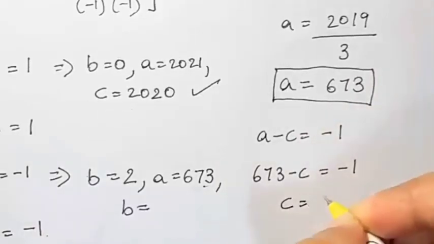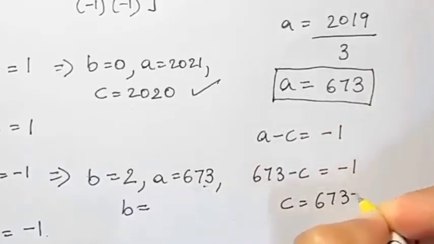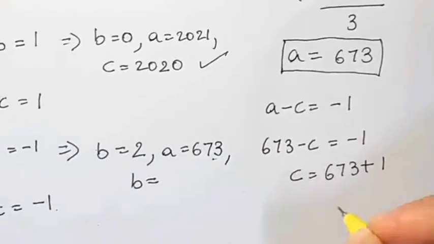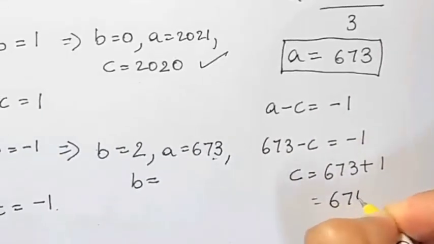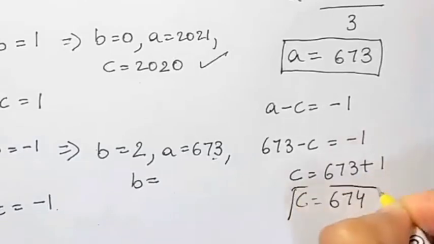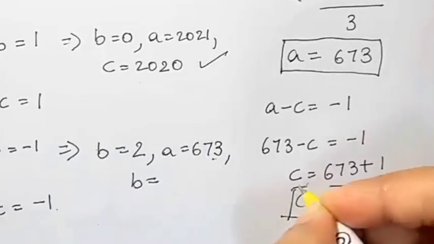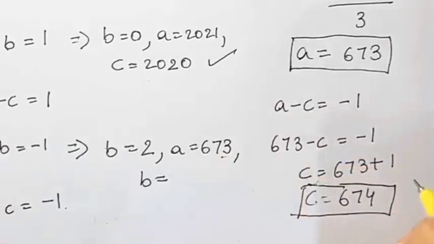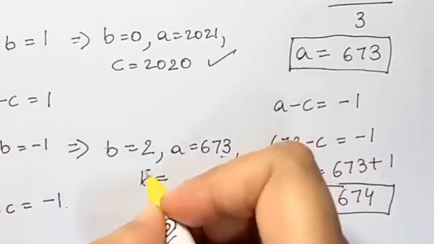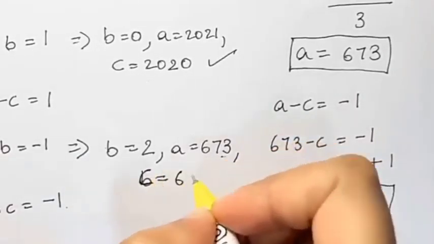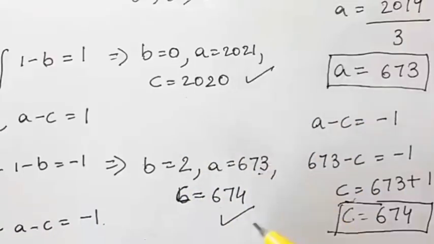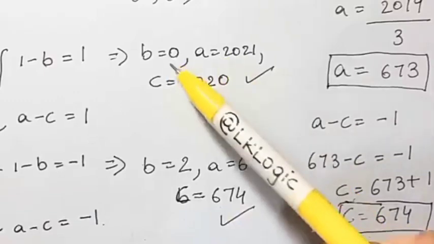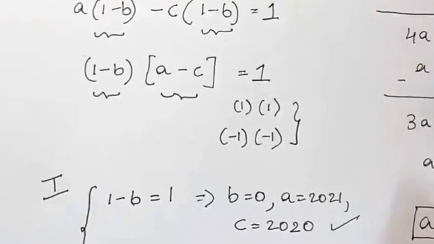So C is equal to 673 plus 1, which is equal to 674. So we have got the value of C, 674. So we have got two solutions with values of A, B and C. Thank you so much.